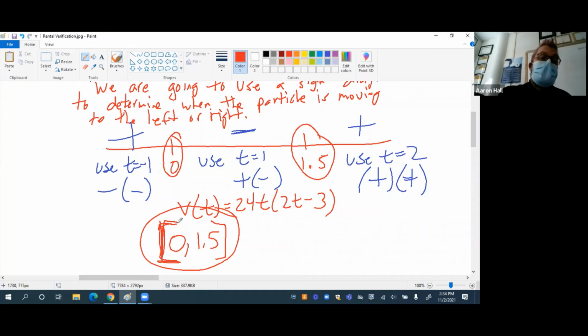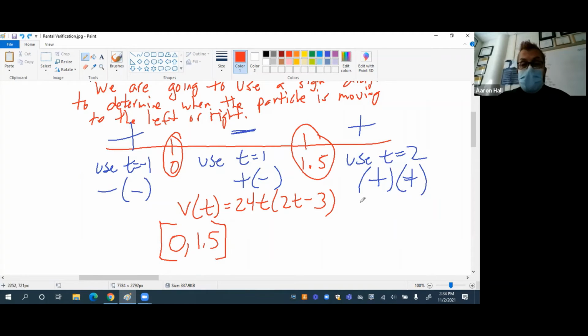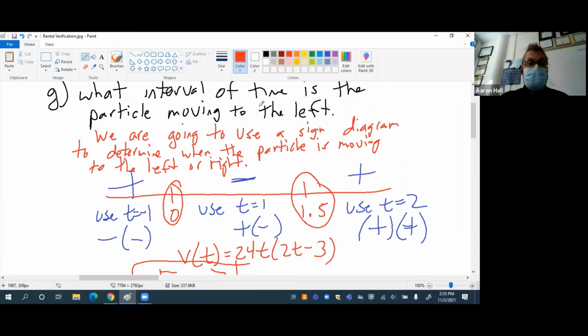Now I get the argument that we're really not moving any direction at that instantaneous moment. But nevertheless, we're going to say that those endpoints are included. So this is our answer. That is the answer right there. Okay, moving on.